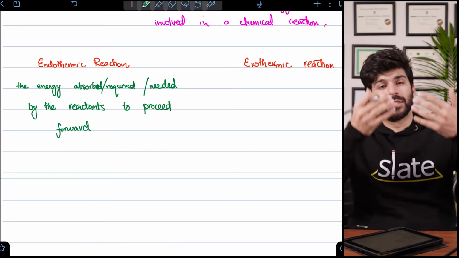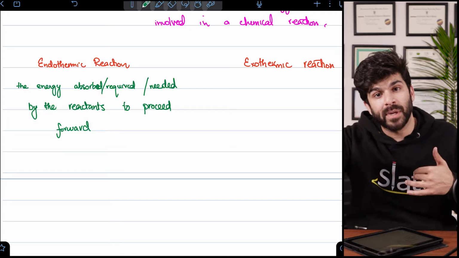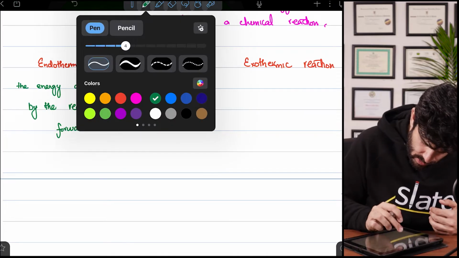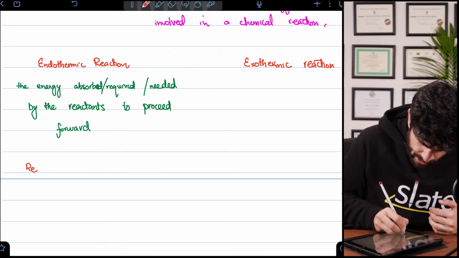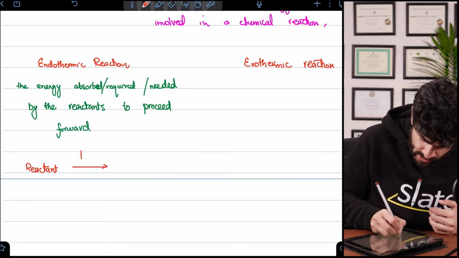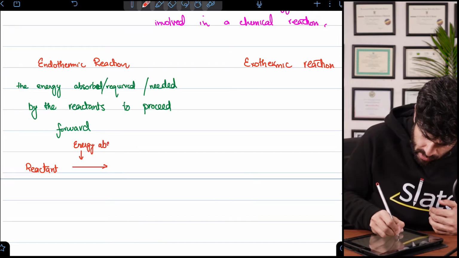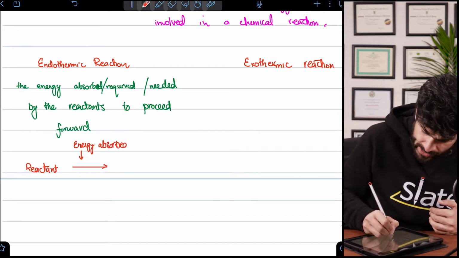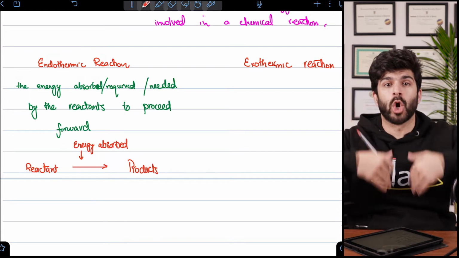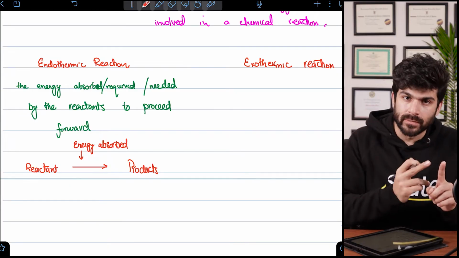So in this case, the reactants will absorb energy and only then they can become products. So reactants, when we proceed, energy is absorbed. And only then it becomes products. So energy is absorbed or added in the system. From where? From the surrounding.